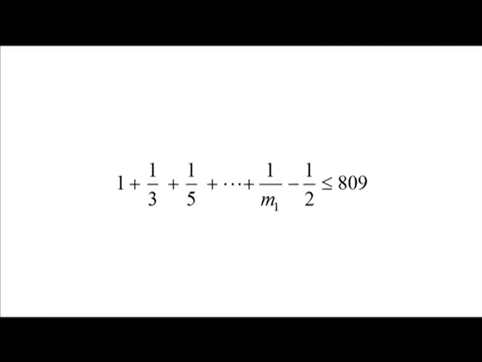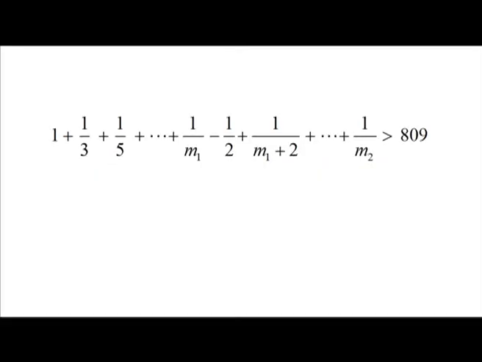Then 1 + 1/3 + 1/5 + etc. + 1/m1 - 1/2 is less than or equal to 809. Now let m2 be the smallest odd integer greater than m1 such that 1 + 1/3 + 1/5 + etc. + 1/m1 - 1/2 + 1/(m1+2) + etc. + 1/m2 is greater than 809.